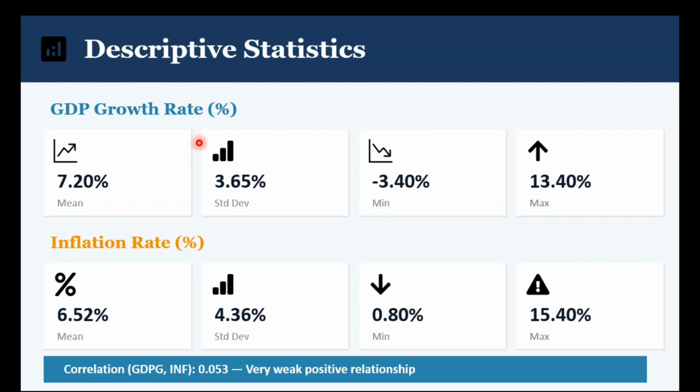Okay. Who can interpret the 15? The maximum inflation rate. Okay, the maximum one, 15%. We used to have that, right? Remember Zimbabwe? We were near to being Zimbabwe, because it was very bad.